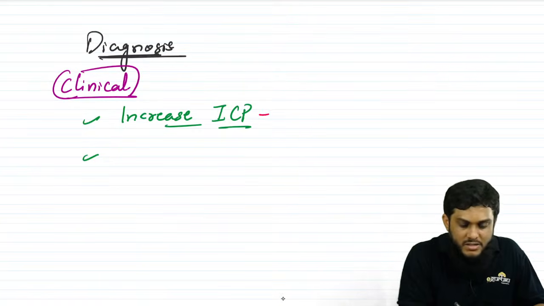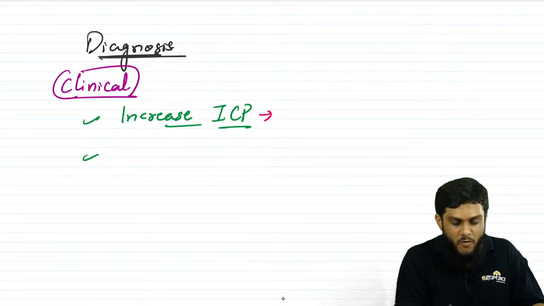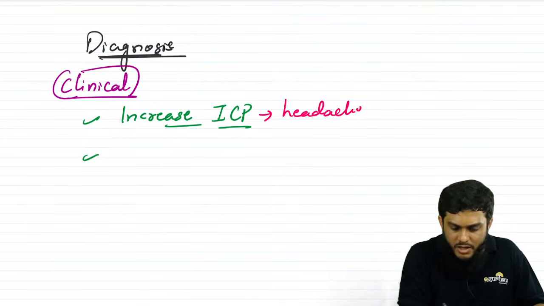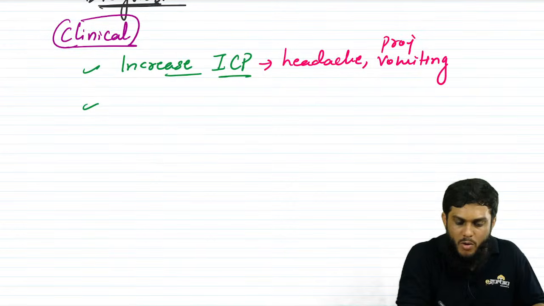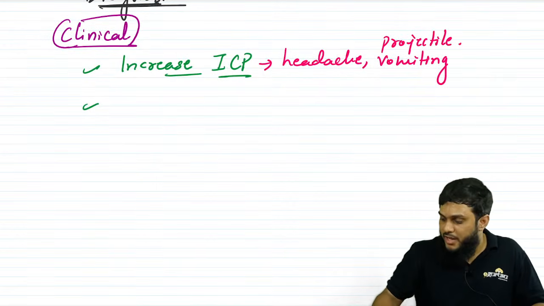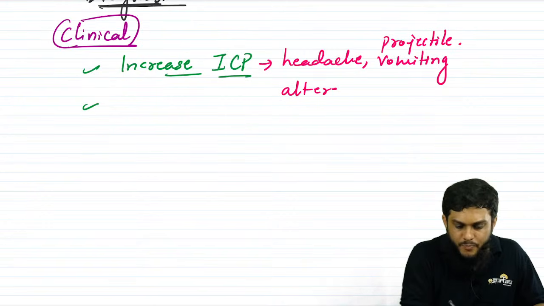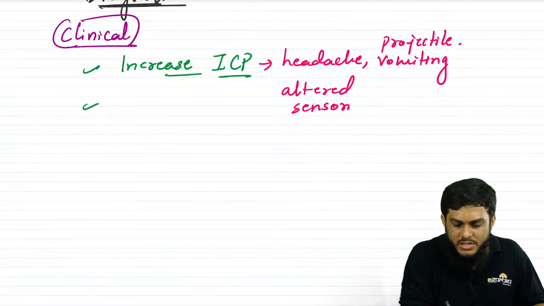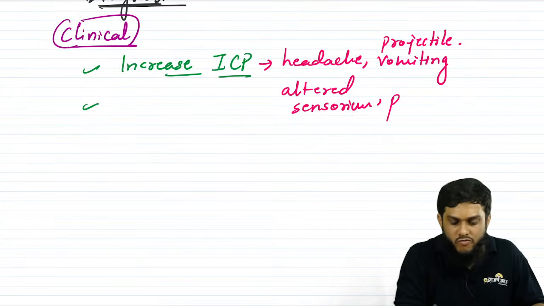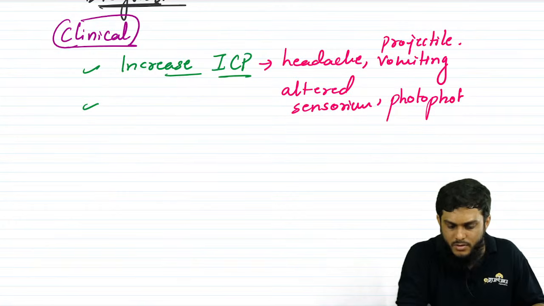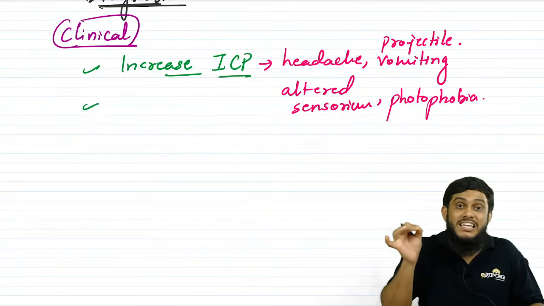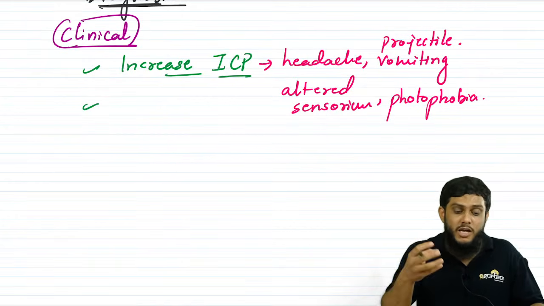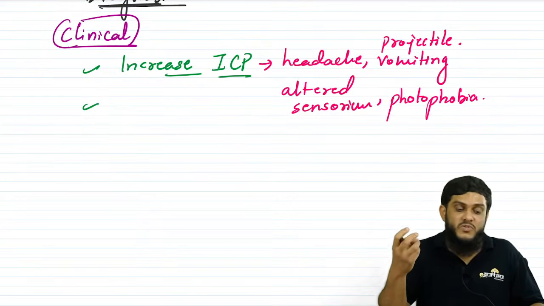Due to the rise in intracranial pressure, the patient may have headache, vomiting, especially projectile vomiting, and altered sensorium. And sometimes the patient may have photophobia. So these are the four important clinical manifestations which suggest increased intracranial pressure: severe headache, projectile vomiting, altered sensorium, and sometimes photophobia.